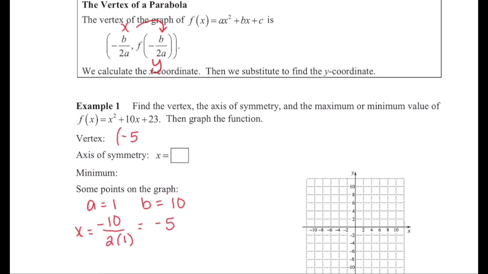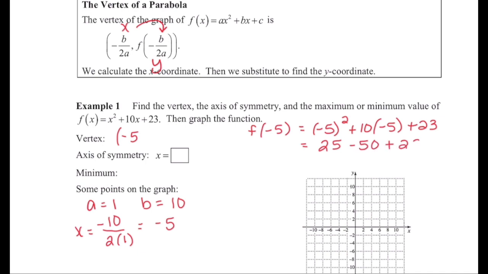We now need to find our y value. So I will plug into my function f of negative 5. So negative 5 squared plus 10 times negative 5 plus 23. This gives us 25 minus 50 plus 23.